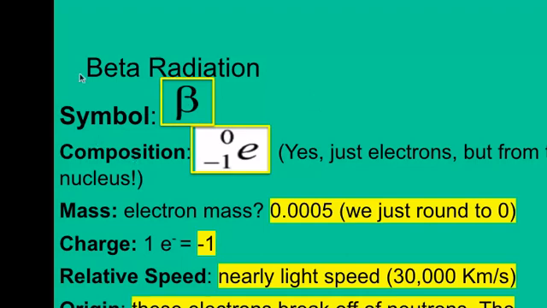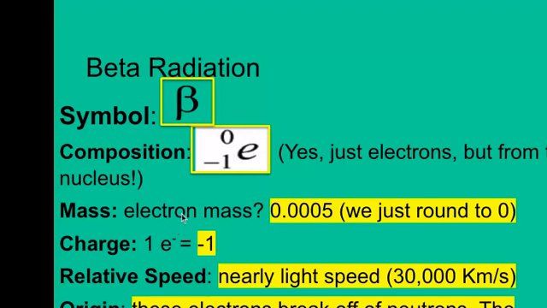So what is beta radiation? What's shooting out of an atom when we have beta radiation is an electron. One electron getting shot out, but from the middle. And electrons don't normally live in the middle. So what is happening? Our composition is 1 electron. That's beta radiation.